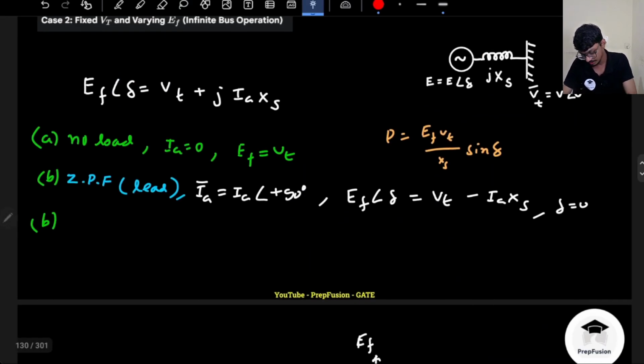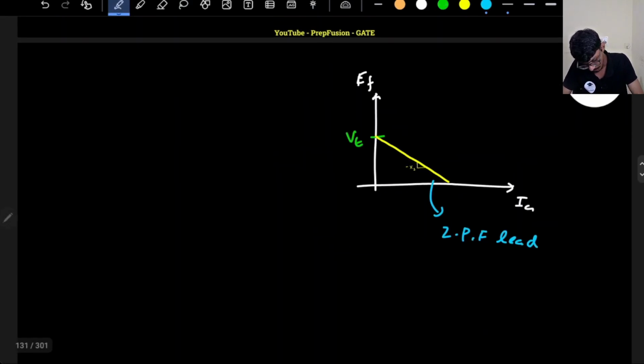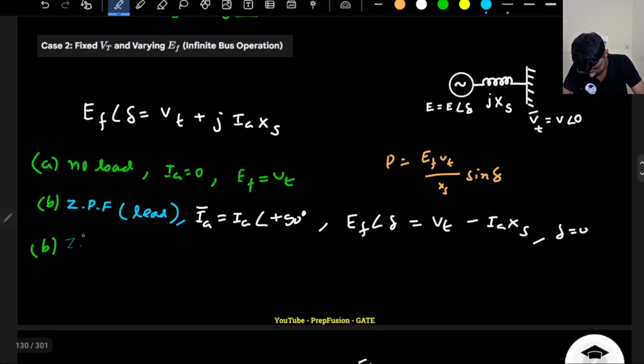Now let's plot for the 0 power factor lagging case. Sorry, lagging case. 0 power factor, this will be C. Lagging case.